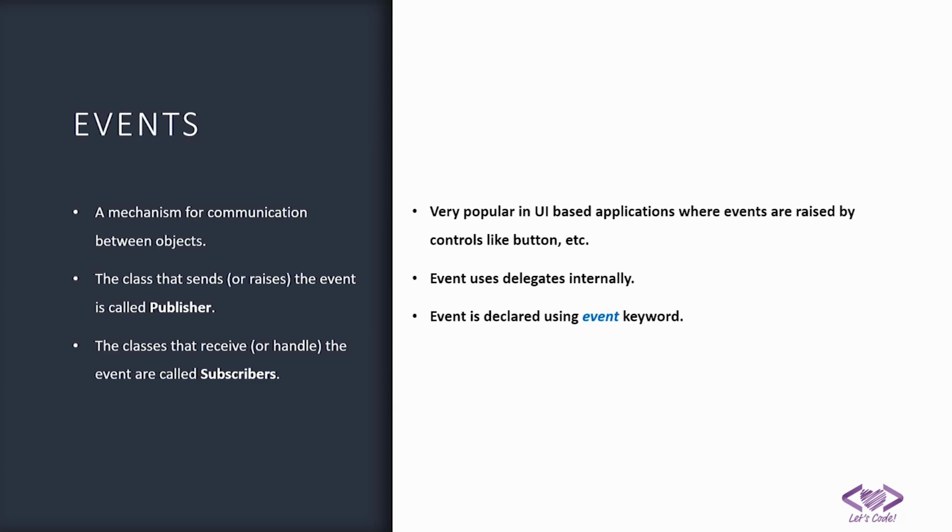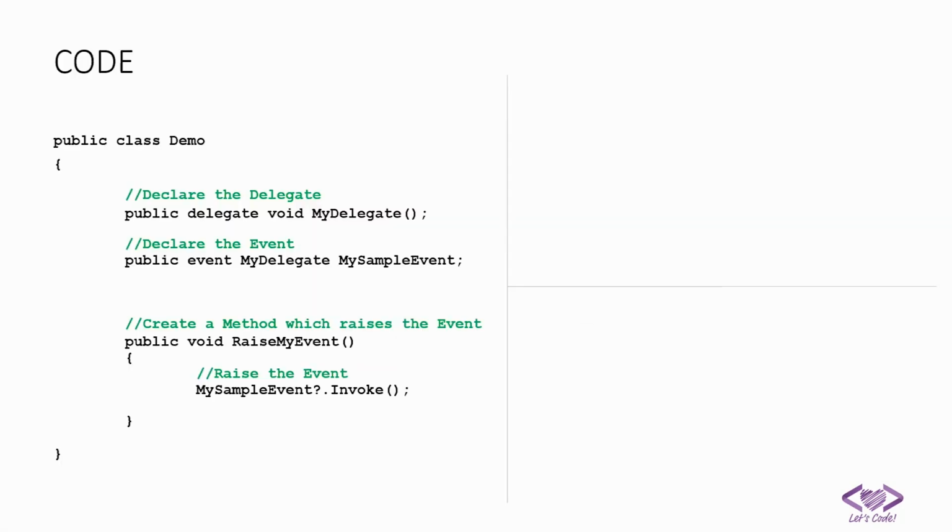Events, when we create them, internally use delegates. If you are not familiar with delegates, do check out the detailed video on delegates on the same channel. I will be putting the link on this video. An event is declared using the keyword event. So let's see how we can use them in the code.